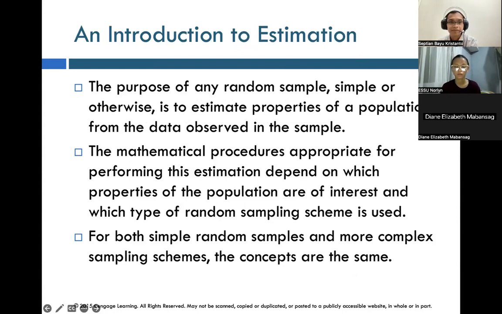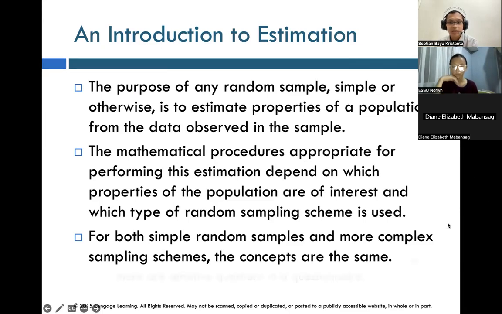Okay. Next, after the sample, we need to learn about estimation. Estimation is about the proportions or the probability that we can take from the samples observed from our sampling methods.